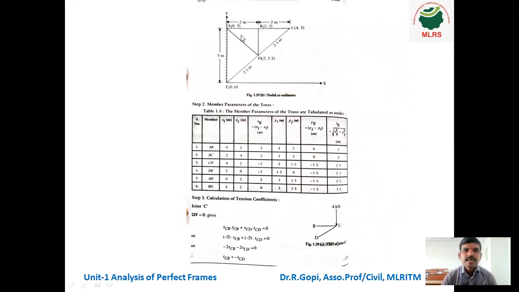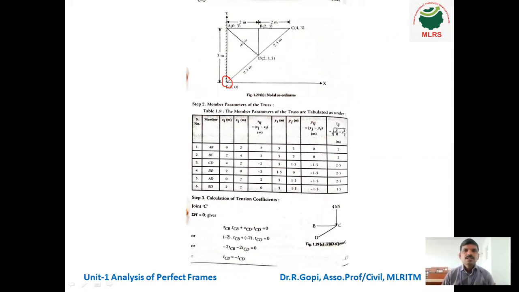You can see in this diagram, this is the x-axis shown here, and the y-axis. So the E point is the origin point, and the origin point is always 0, 0.